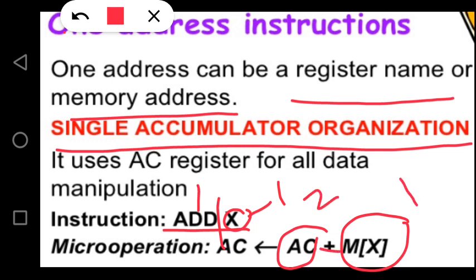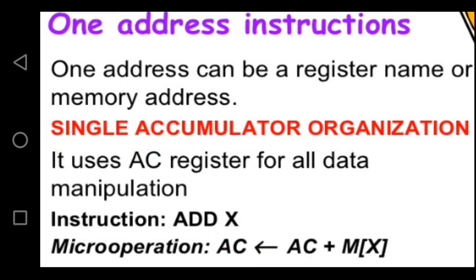The ALU performs addition, and again stores the result in the accumulator. So you do not even mention it. You need not mention the AC value in the instruction. It is not required. So this is a one address instruction, or it is called single accumulator organization.